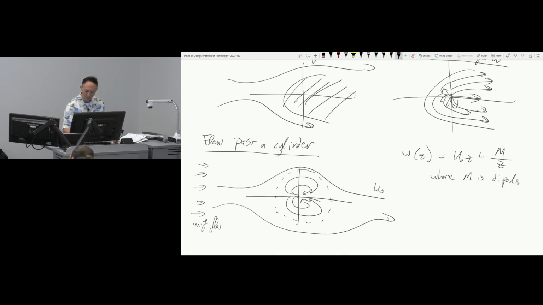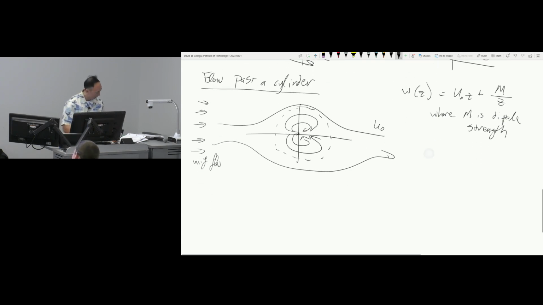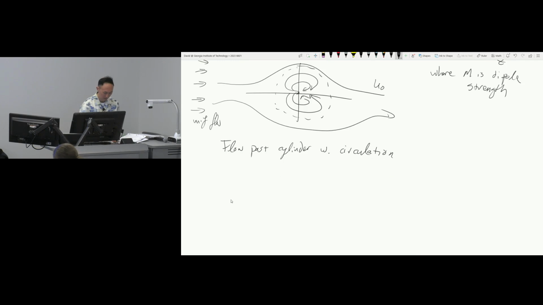All right. And for the homework, we're looking at flow past a cylinder with circulation. So imagine I have this same thing going on, but also I'm adding this gamma.